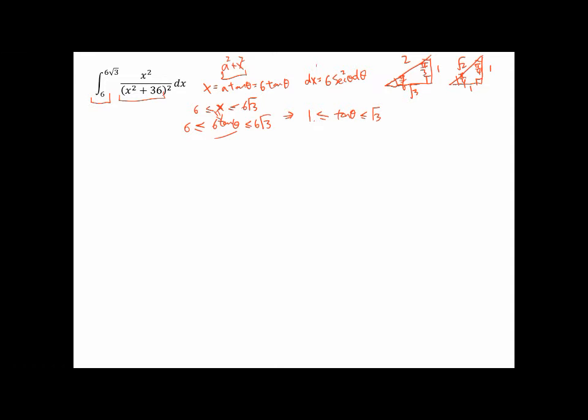If tangent theta equals 1, this side over this side, right? The angle is pi over 4. Less than or equal to theta, less than or equal to, for tangent theta equals square root 3, which is this side over this side, goes to pi over 3. So I find my limits for theta, which is my new variable here.